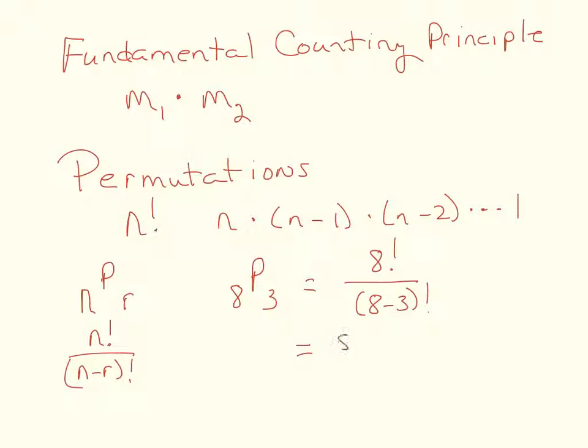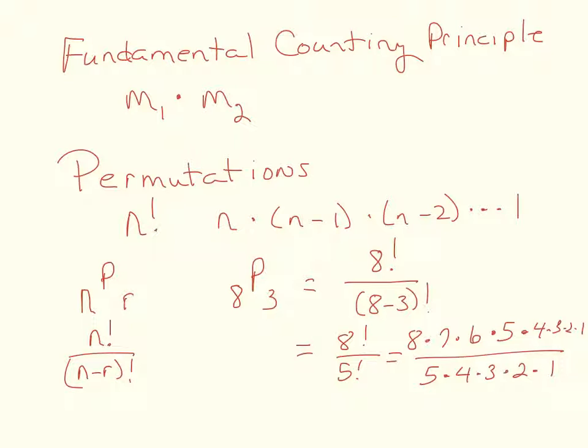This would be the same as saying 8 factorial over 5 factorial, which is 8 times 7 times 6 times 5 times 4 times 3 times 2 times 1 over 5 times 4 times 3 times 2 times 1. Notice these all cancel. So we could have stopped at 5 factorial over 5 factorial. Then you just multiply your 8 times 7 times 6, and the other day we got 336. Just a quick example of permutations.